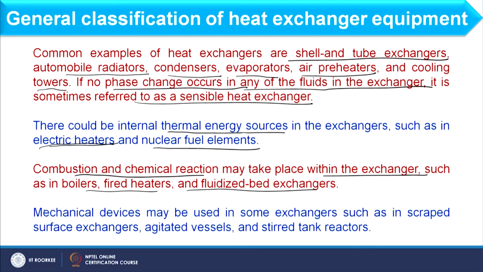And in some heat exchangers, we can install mechanical devices also, such as scraped surface exchangers, agitated vessels and stirred tank reactors. Let us focus on the scraped surface exchanger. This is basically a double pipe heat exchanger. Inside the inner pipe we have fluid, and this inner pipe rotates, and the outer surface of the inner pipe has some blades.